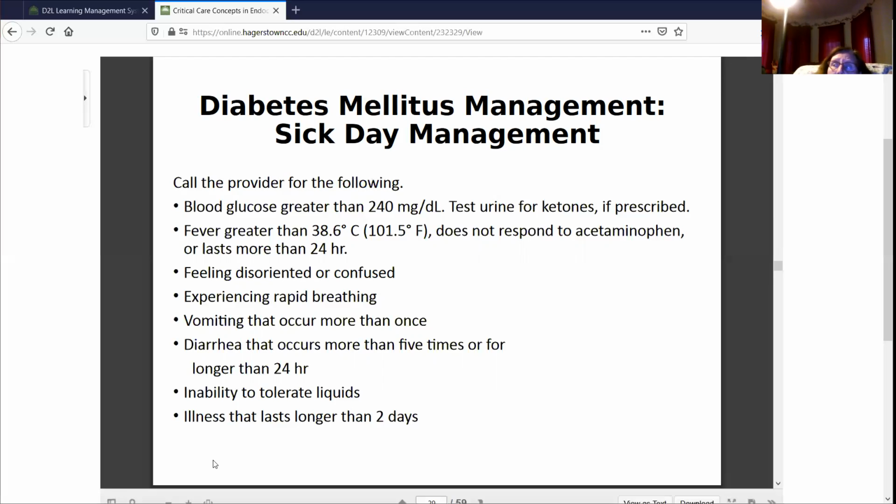If you're feeling disoriented or confused, experience rapid breathing, vomiting that occurs more than once, diarrhea that occurs more than 5 times or for longer than 24 hours, inability to tolerate liquids, and illness that lasts longer than 2 days. So these are sick day management.